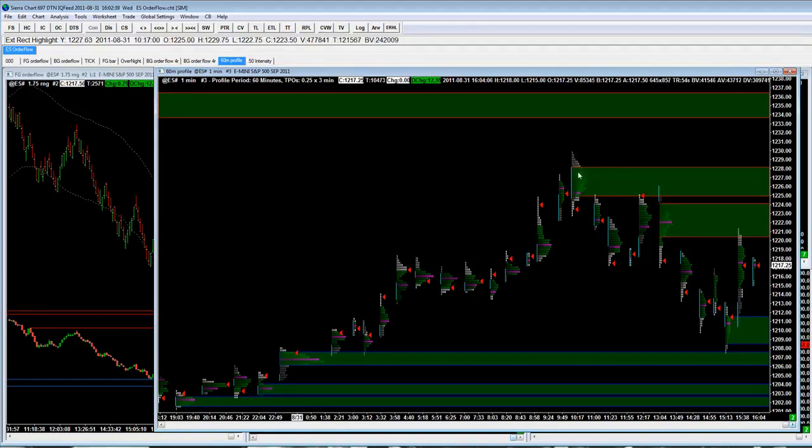This is part of the context. If we're only looking at the foreground, we really don't have any way of knowing that, because we're not looking at enough time on our chart to see that. But when we keep glancing back to this 60-minute profile, it becomes a lot more apparent where you are on the playing field. Very important context, guys.